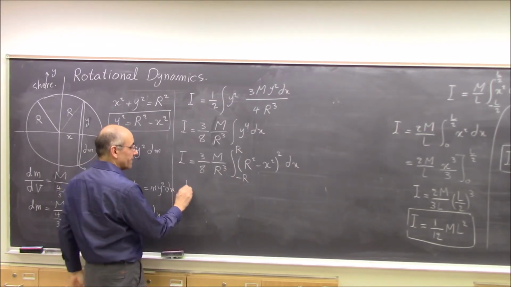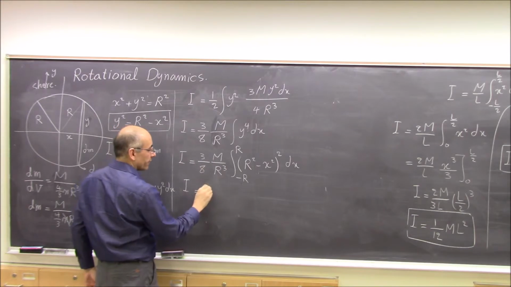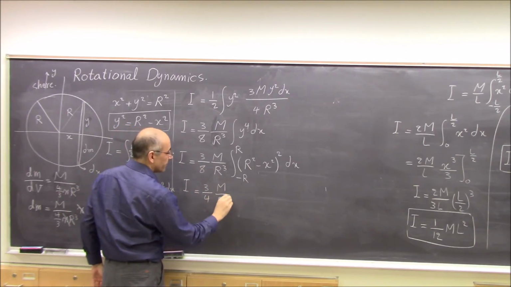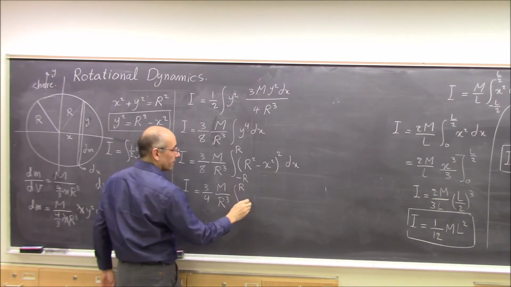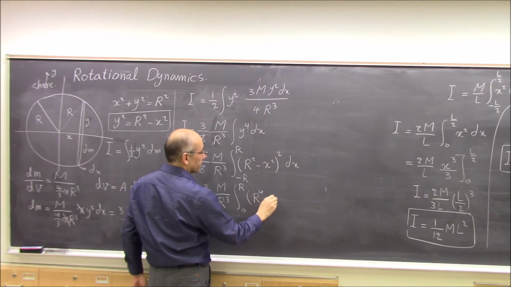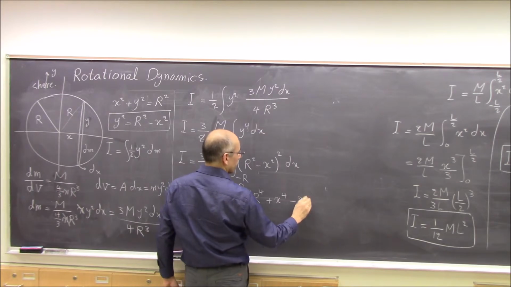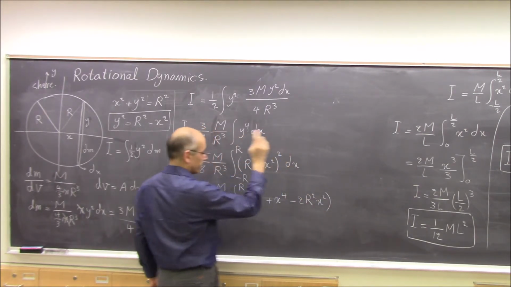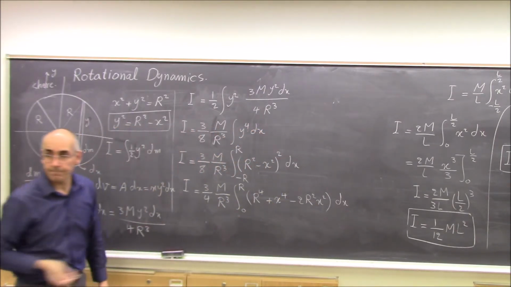So if you double it, I becomes 3/4 m over R cubed and the integral from 0 to R of R to the 4th plus x to the 4th minus 2 R squared x squared, dx. It's a polynomial integral.